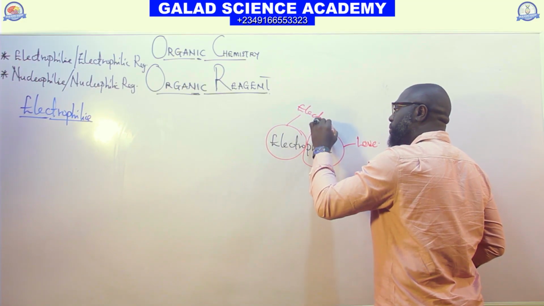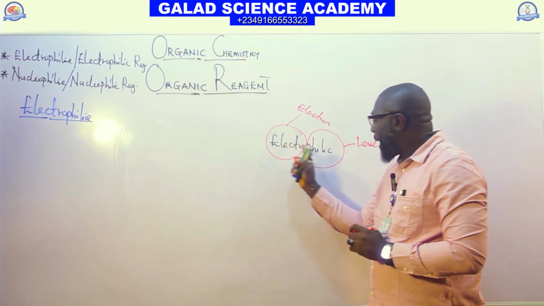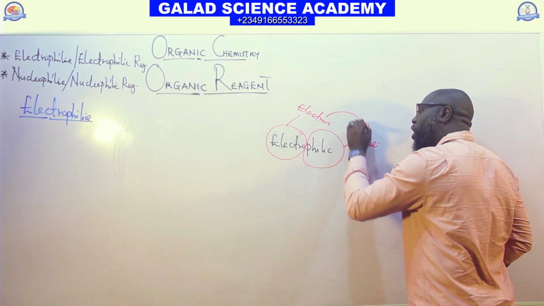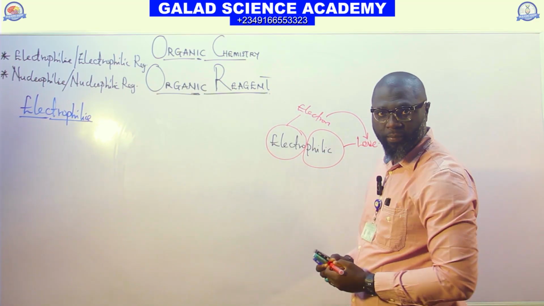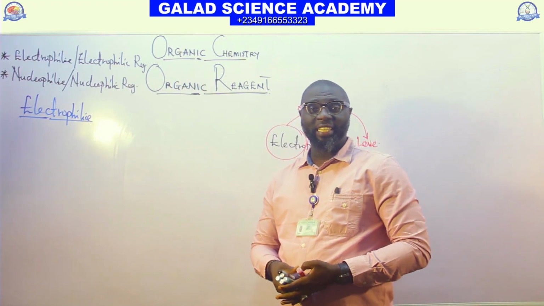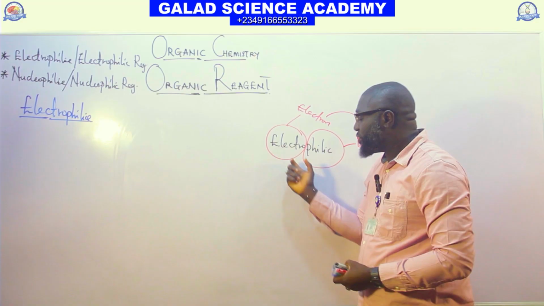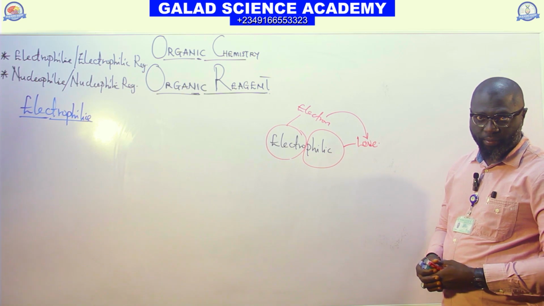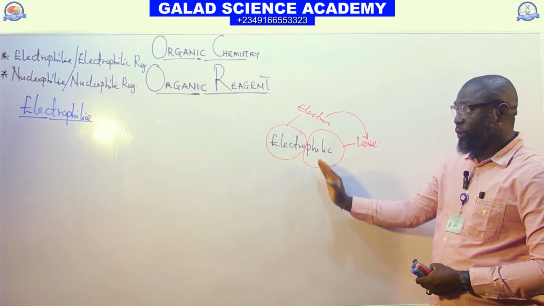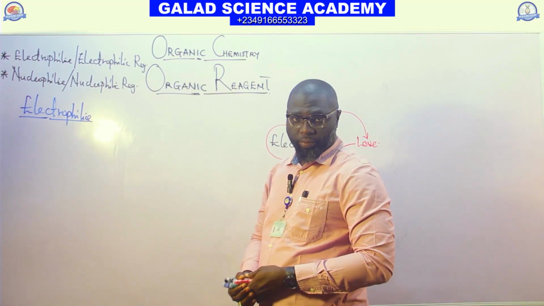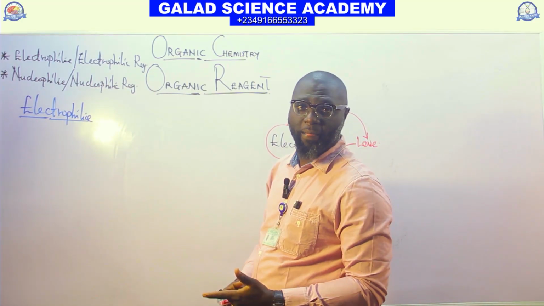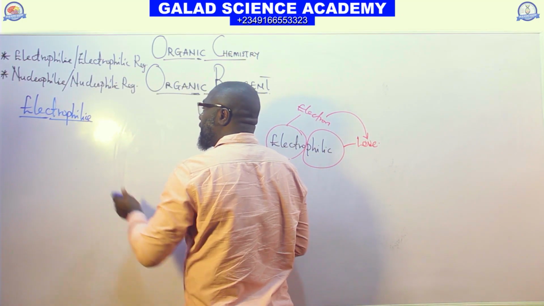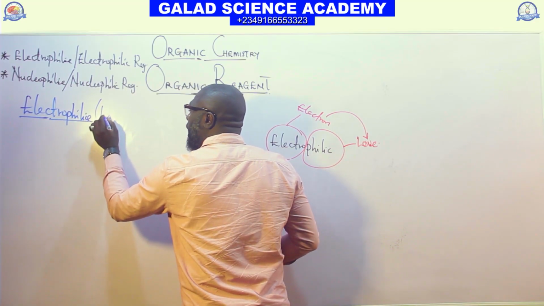So by combining the two together, electrophilic simply means electron lover. So any organic reagent that loves electrons is called electrophilic. The word electrophilic or electrophile simply means electron lover.